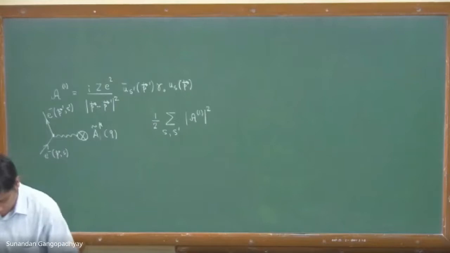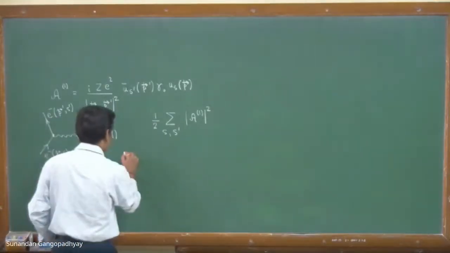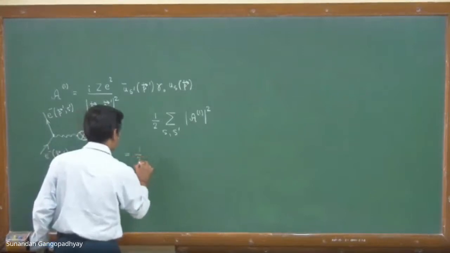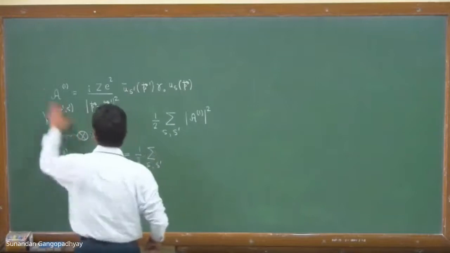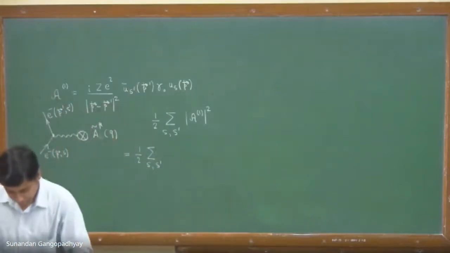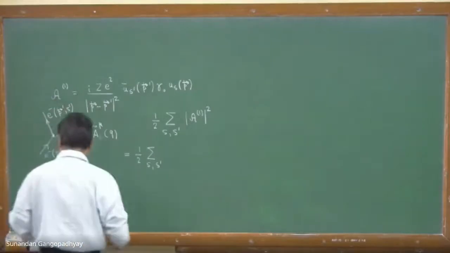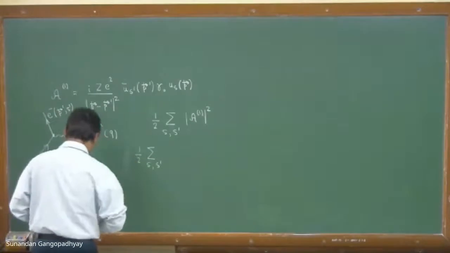So we know what this is. This is equal to one half, summation over s prime. Here we shall only look at this factor, because the other factors you can take into account later.